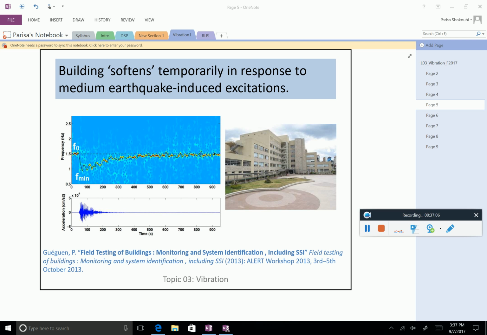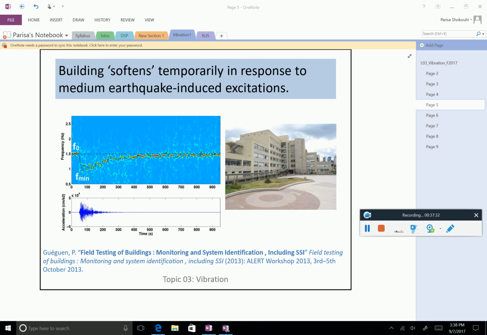Here, you have a building. You are continuously monitoring the natural frequency of the building, and then an earthquake happens. This is what I taught you last time, something similar to that: you are looking at the change in resonance with time. So it's like a time frequency kind of picture.